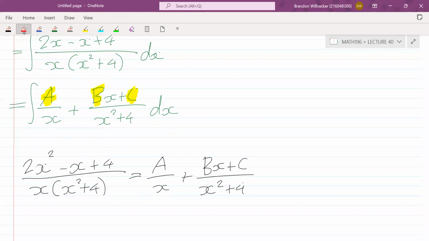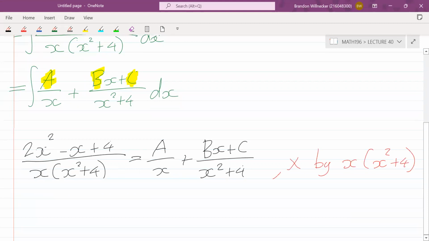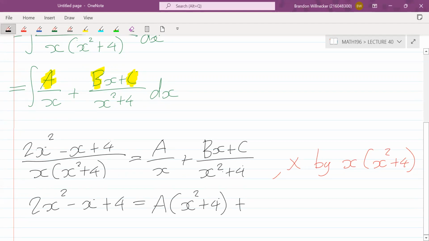What I'm going to do now is multiply both sides by x times (x² + 4). On the left-hand side, the denominator is going to cancel, so we get 2x² − x + 4. In the A term, the x is going to cancel, so we have A(x² + 4) plus, in the B and C term, the (x² + 4) is going to cancel, and we're left with x(Bx + C).